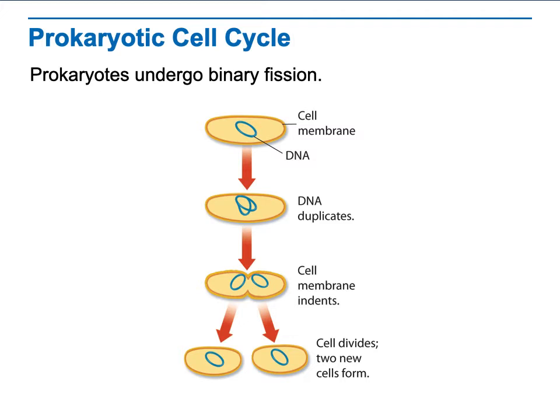Once the DNA duplicates, the two molecules attach to different regions of the cell membrane, and the cell begins to pinch inward. If the cell membrane did not indent and pinch off, the cell would not form two new cells. The original cell would not maintain two complete copies of its DNA.